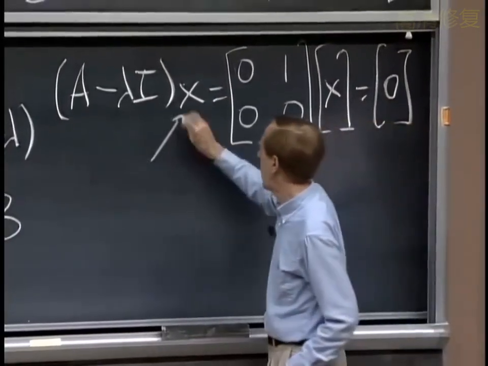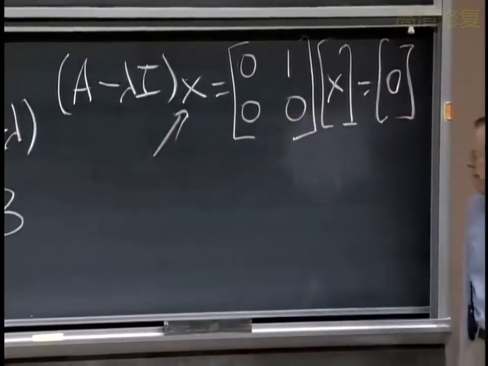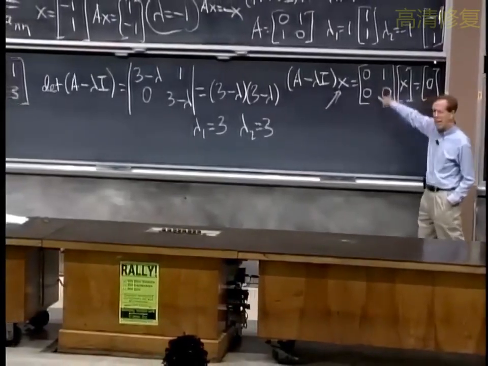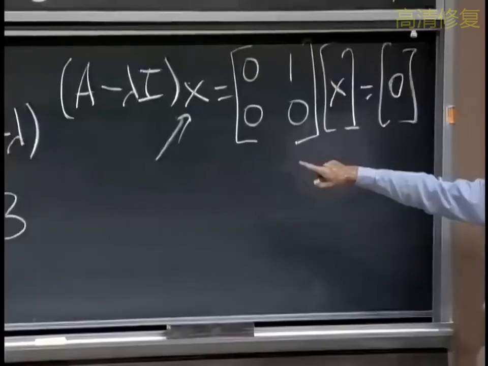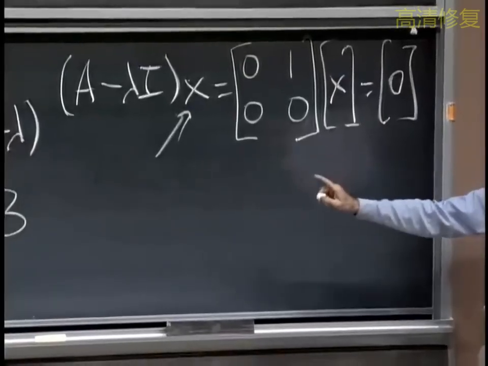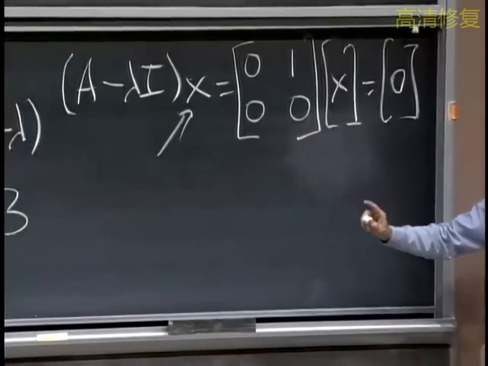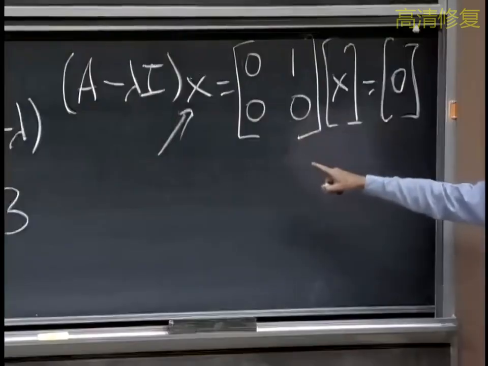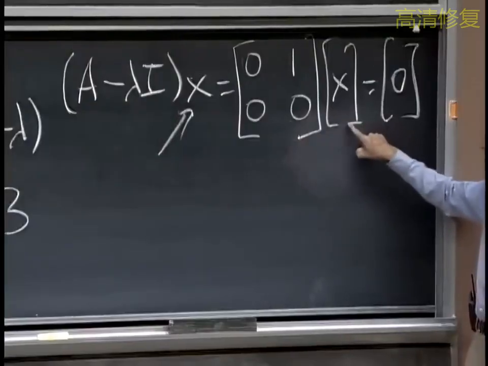Now I'm looking for x, the eigenvector. So I took A minus lambda I, and what kind of a matrix am I supposed to have here? Singular, right? It's supposed to be singular. And then it's got some vector x in the null space.